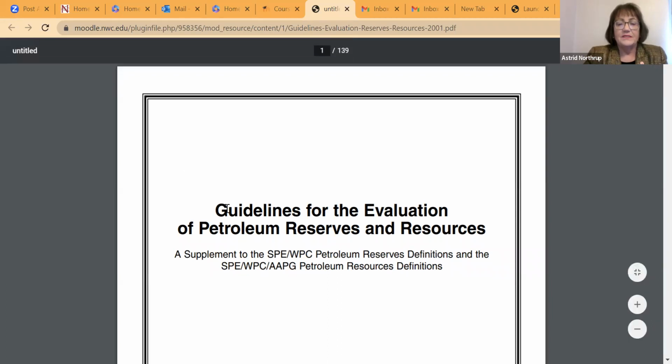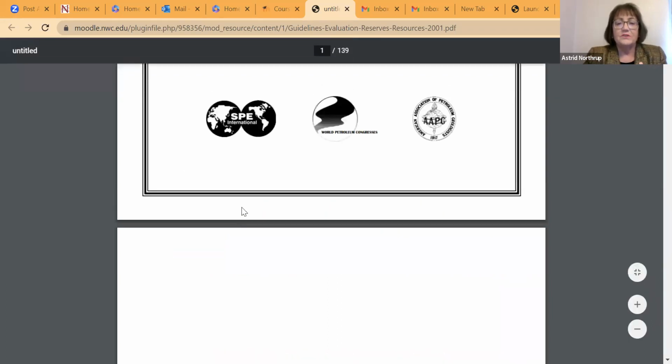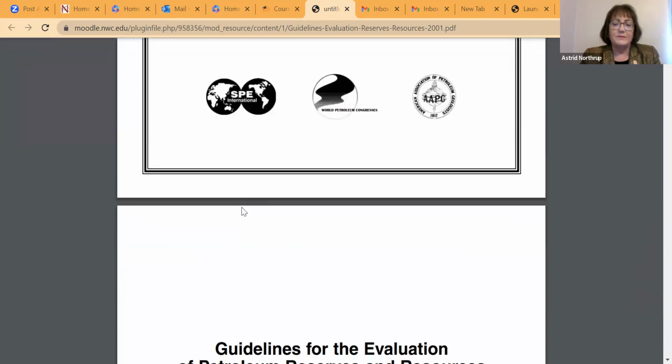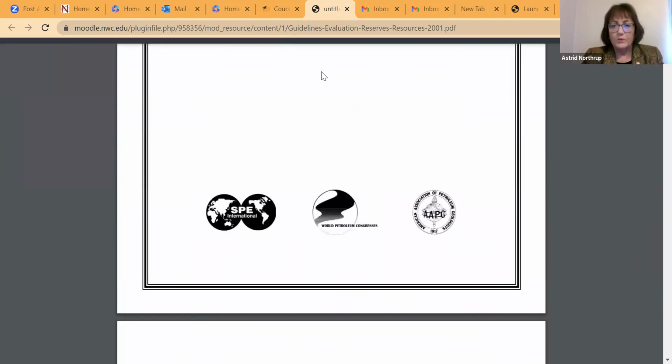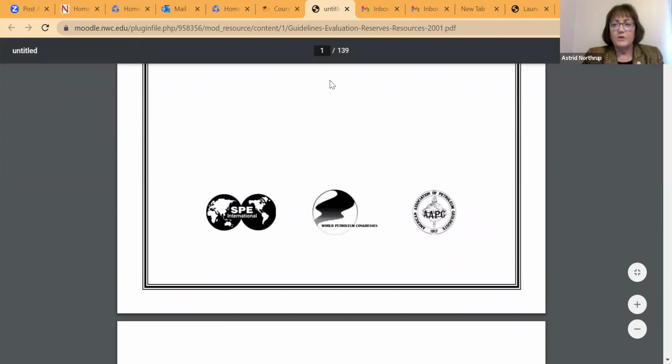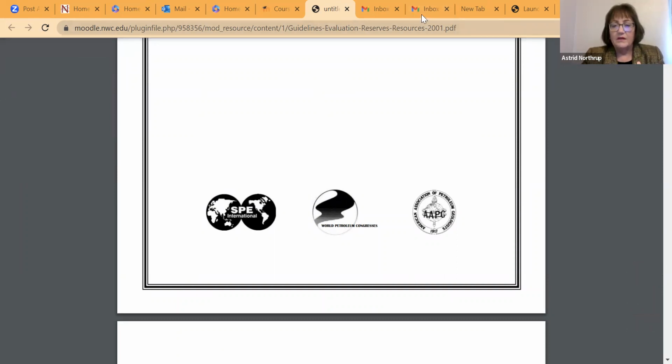So this is a document that I've put on our Moodle page. It's nearly 140 pages long, so you do not have to read this word for word, but I'd like you to see this as an example of the types of thought that go into the process of evaluating oil reserves.